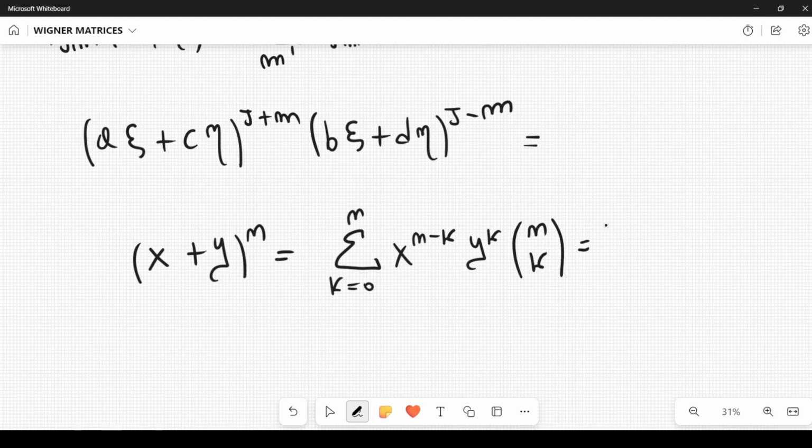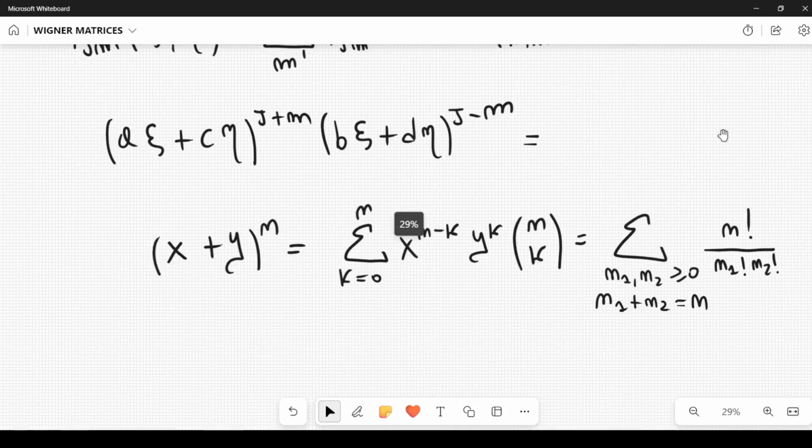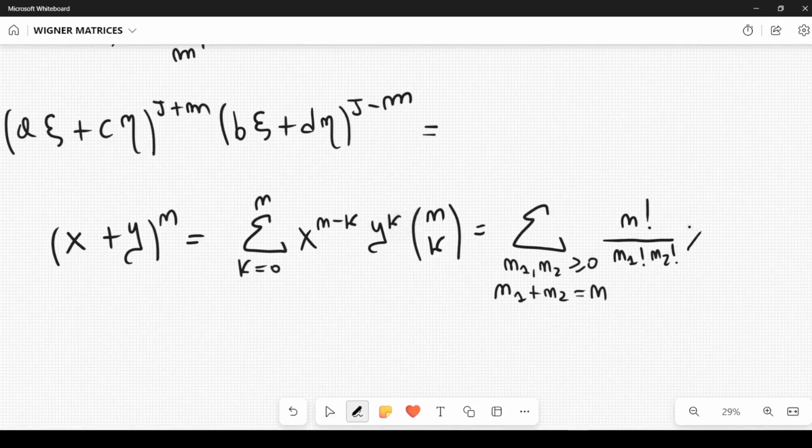But there is also another way to write the same formula, which is the following. So we can sum over n1, n2 greater than or equal to 0, such that n1 plus n2 is equal to n, and then here we get n factorial divided by n1 factorial, n2 factorial, and then I have x to the power n1 and y to the power n2.